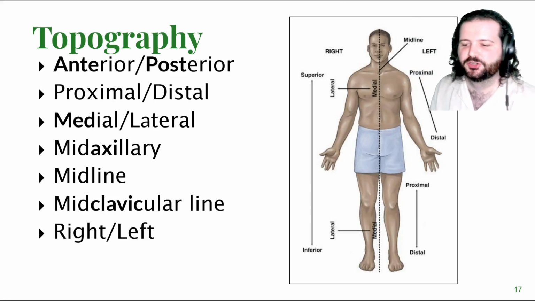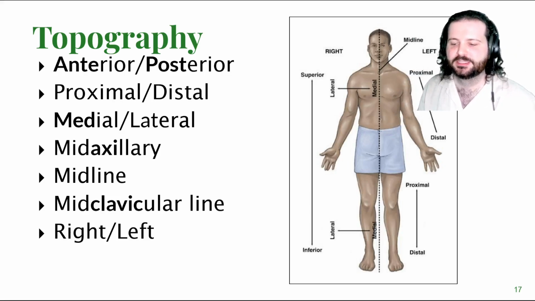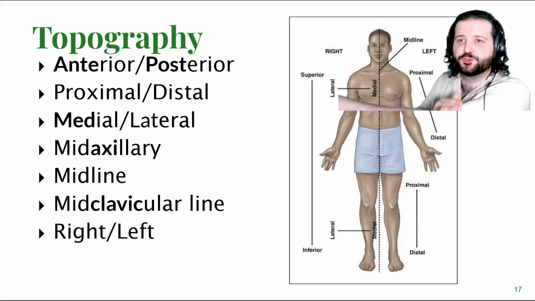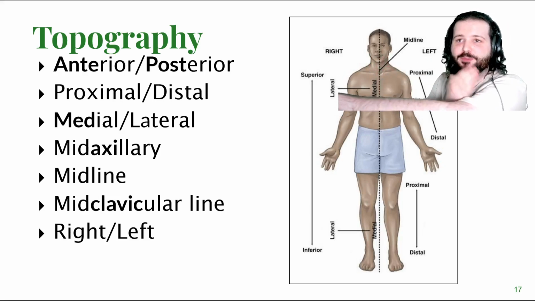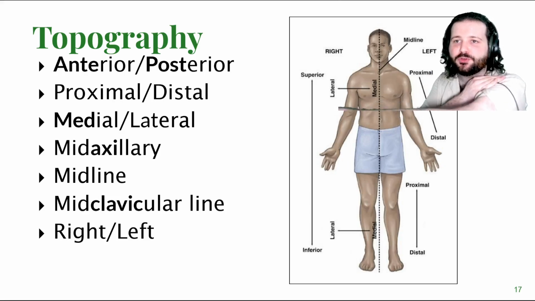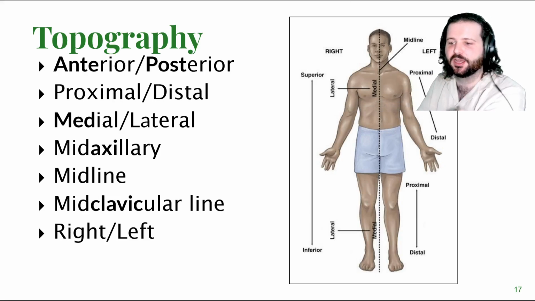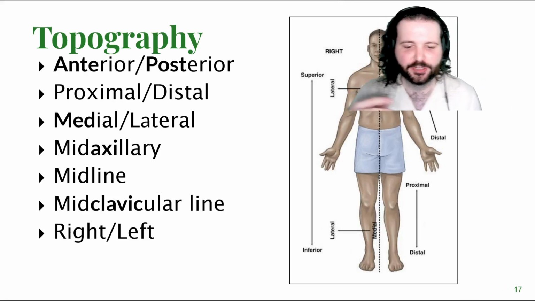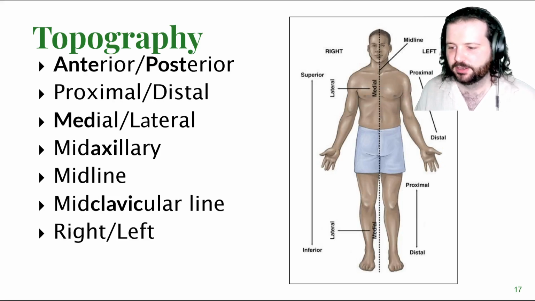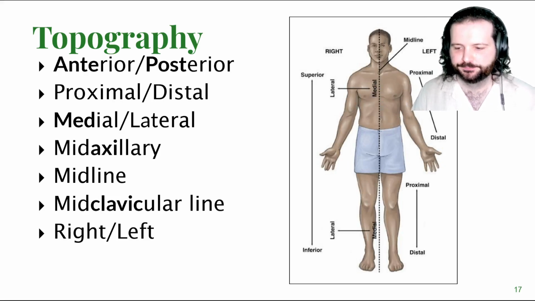He is injured on his left arm, distal to the elbow, which would mean that he has an injury below the elbow. Or if he has an injury up high, I could say proximal to the elbow, meaning higher up, closer to the body. So if you're trying to describe where an injury is to another medical provider, that's one of the best ways to do it.